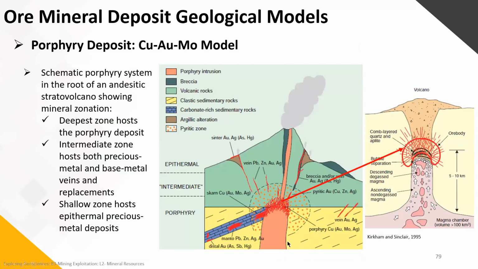This is a perfect example also to understand that while at deeper depths we can have porphyry copper, silver, molybdenite deposits, if we move higher, we can have different types of deposits. So that's an important thing to understand.